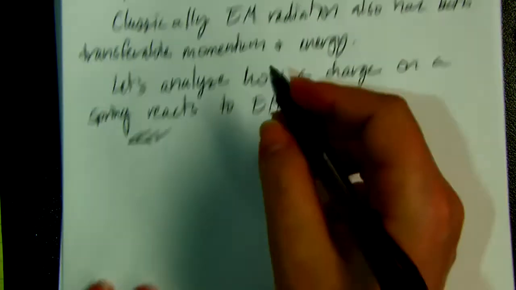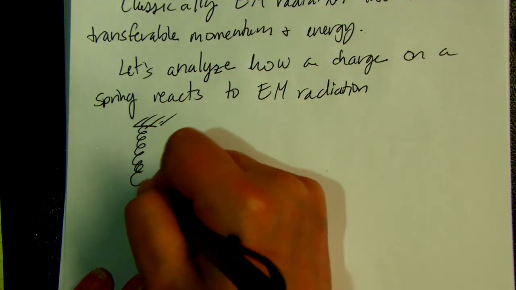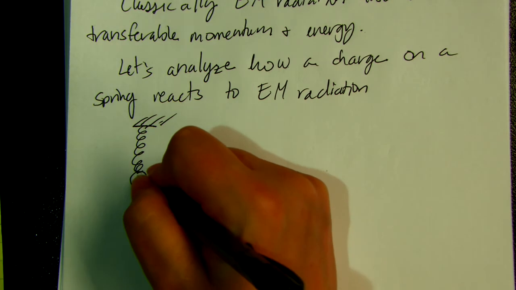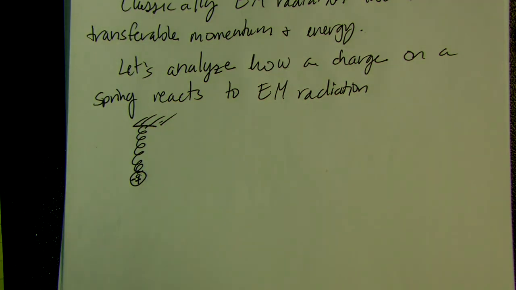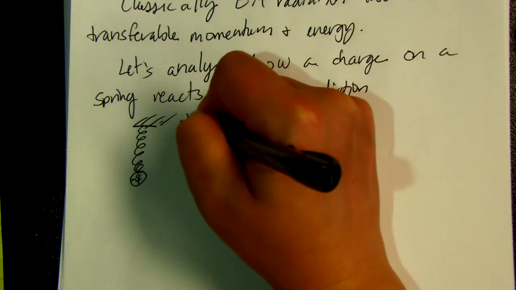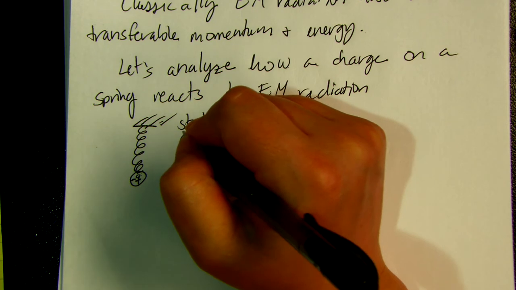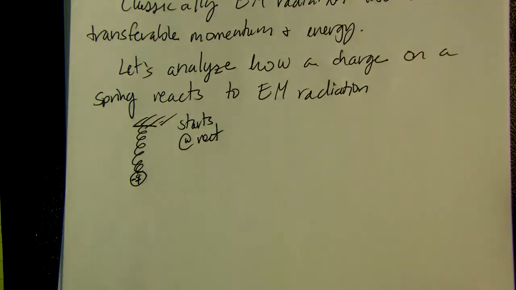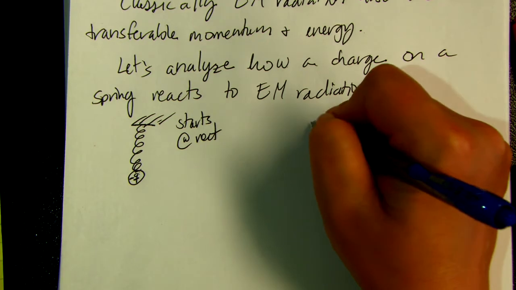Okay, so let's say we've got our spring. There it is. Put a little charge on the end of it. I think it's a minus Q. We'll see if I stay consistent with that. So it starts at rest. All right, and now let's say we've got a little pulse coming in.